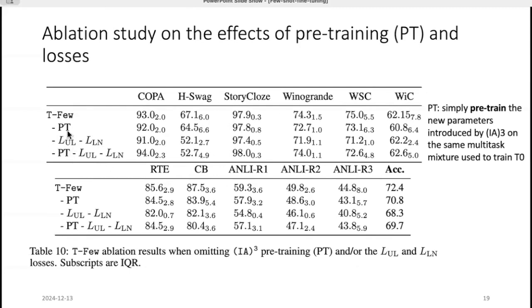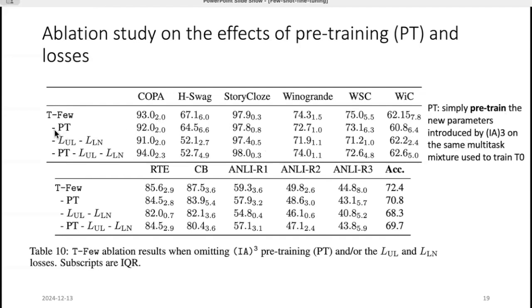They also tried pre-training. Pre-training is like they pre-train the new parameters using the same multi-task mixture of the T0, instead of just setting them up randomly for the fine-tuning. So they also see some benefits, right?